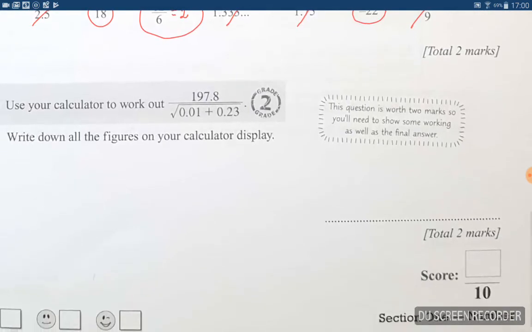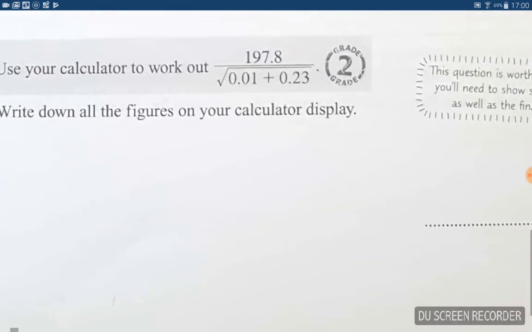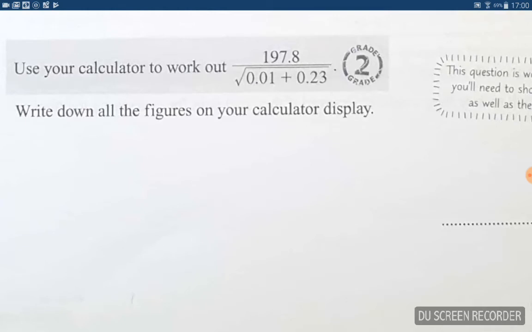And for the last one, use your calculator to work out 197.8 divided by the square root of 0.01 plus 0.23. The first thing we have to do here is to work out what's inside the square root.